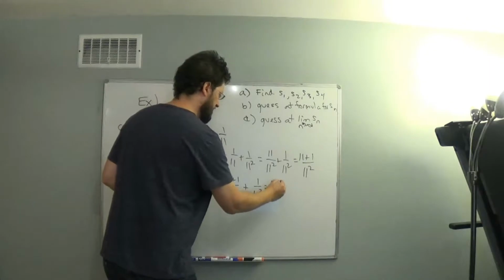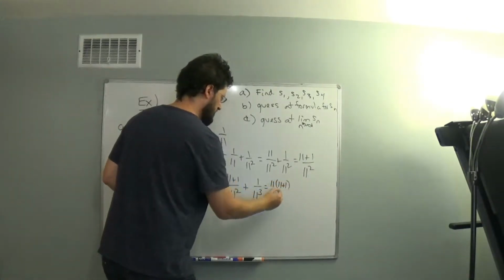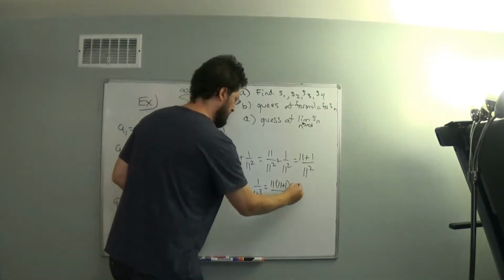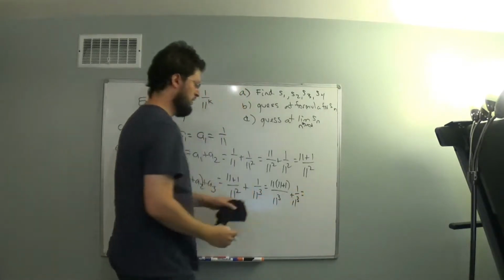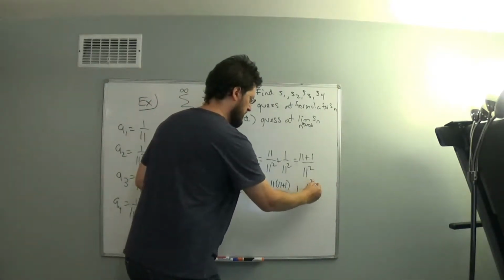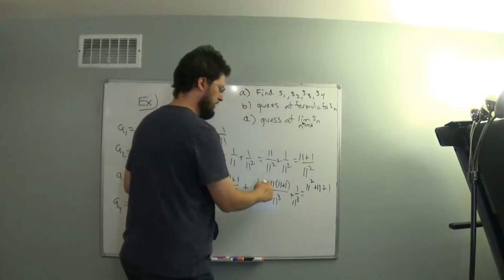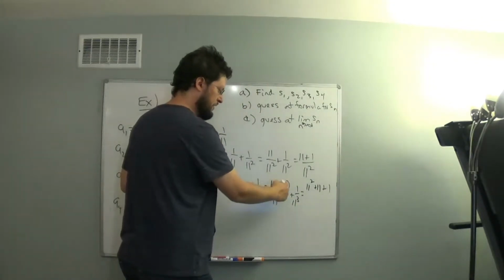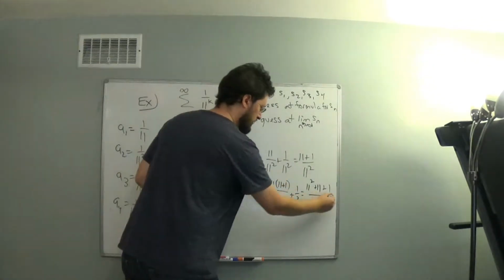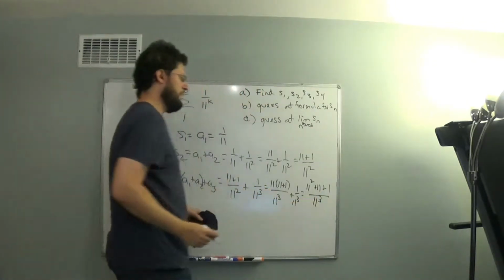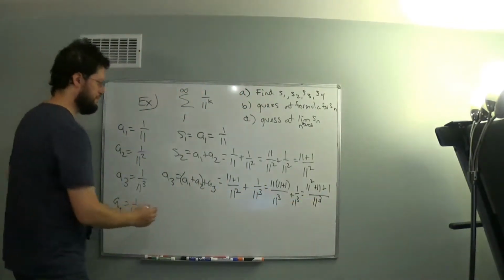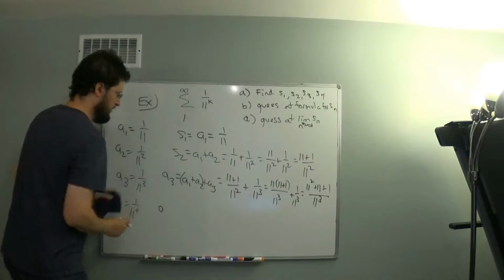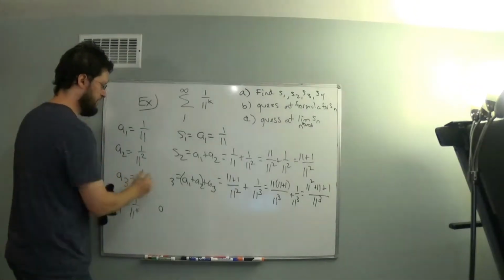And I get 11 times 11 plus 1 over 11 cubed plus 1 over 11 cubed. Well, that's 11 squared plus 11 plus 1, by distributing the 11 in, and then adding the one on the right, all over 11 cubed. That should have been an S3. My apologies.